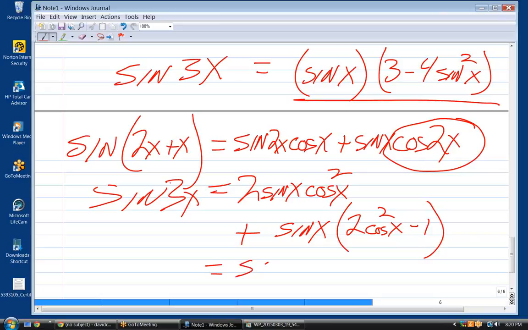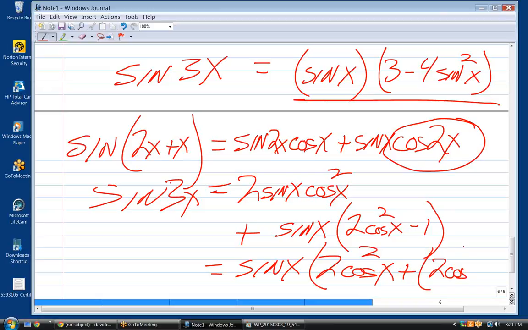If I factor out a sine x, I'm left with 2 cosine squared x plus 2 cosine squared x minus 1. Well, that's 4 cosine squared x minus 1.